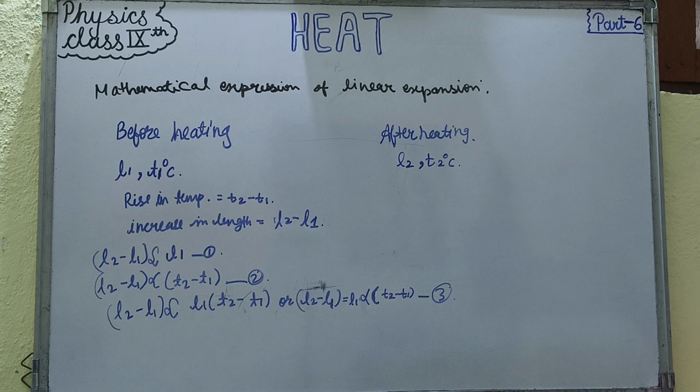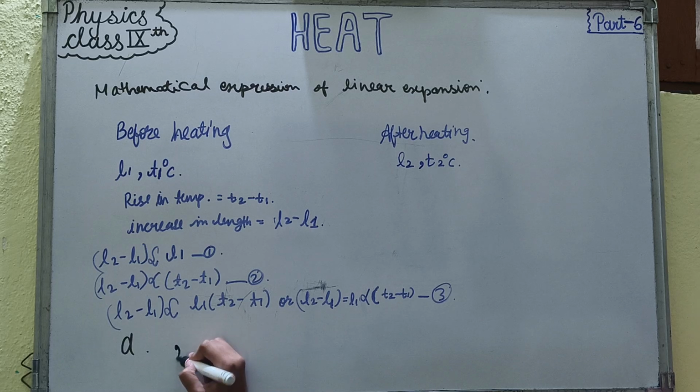This is equation 3. Over here, this alpha is called the coefficient of linear expansion. Change in length is equal to original length into coefficient of linear expansion into change in temperature.